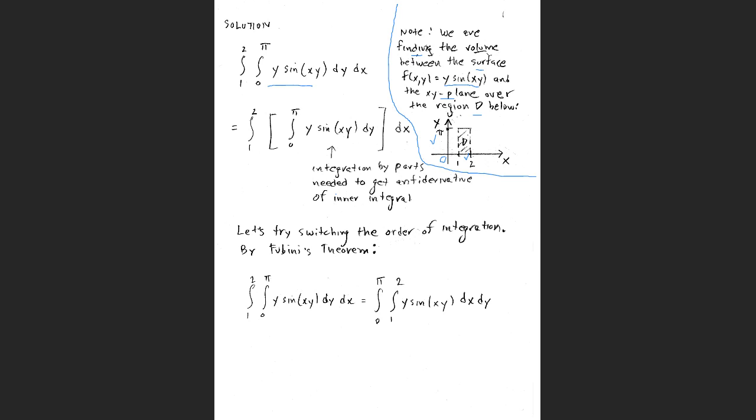Now, when we do this problem, I do my iteration, but in this inner integral, the integral with respect to y, what variable is being held constant, the x or the y?